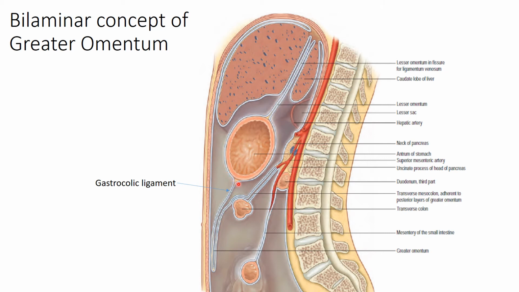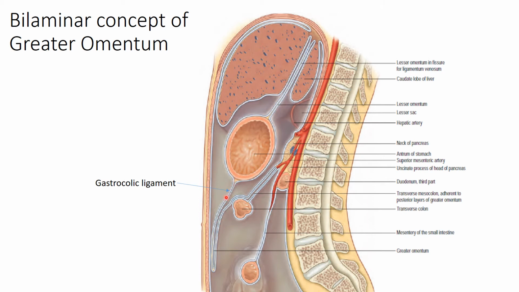Now they again reunite at the greater curvature of the stomach, and then they descend downward and forward up to a variable distance, forming the anterior sheet of the greater omentum. Now then they abruptly fold backward and then they ascend.